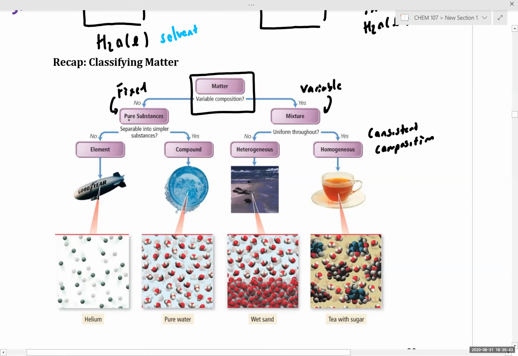On our pure substances front, the main difference between an element and a compound is that a compound has two or more different elements as part of its formula. That is the easiest way, in my opinion, to tell an element and a compound apart. But I do want you to remember, compounds can be decomposed to simpler pure elements. Elements cannot be decomposed to a simpler element.